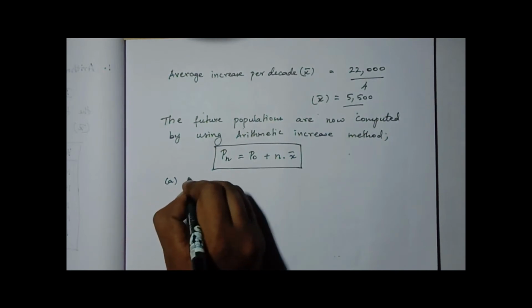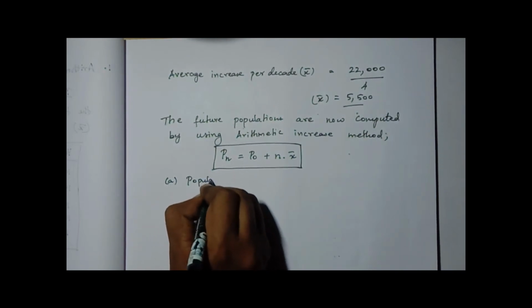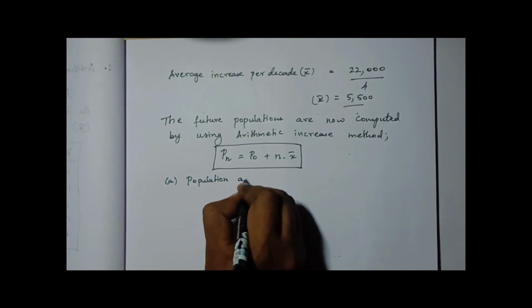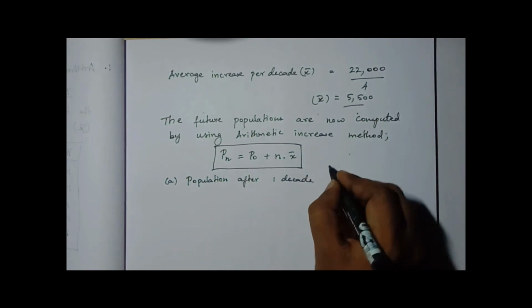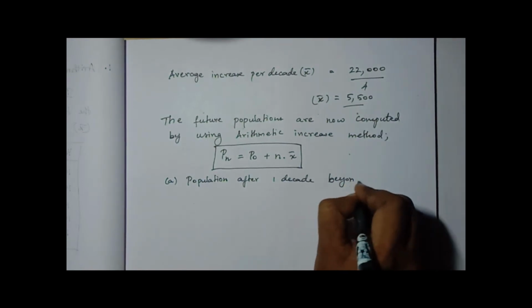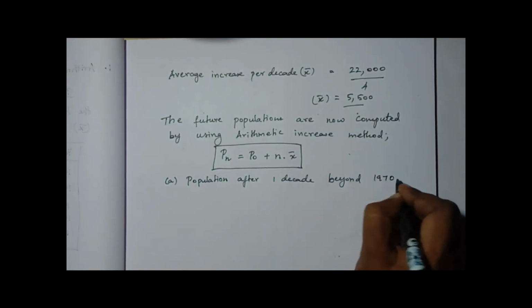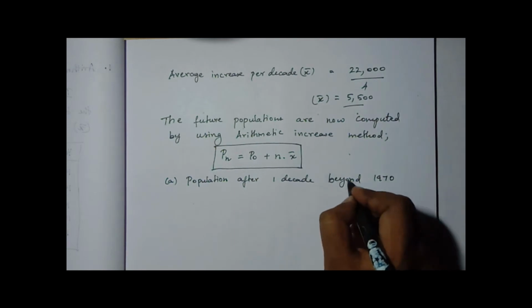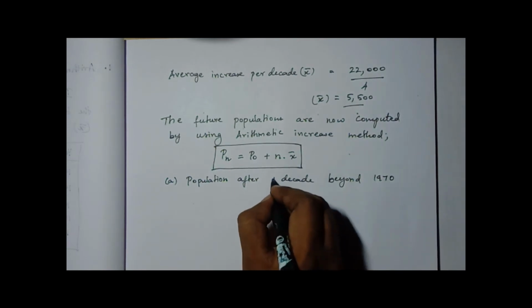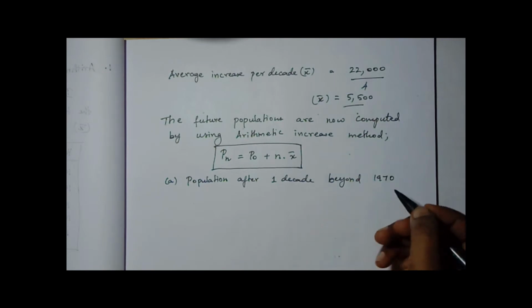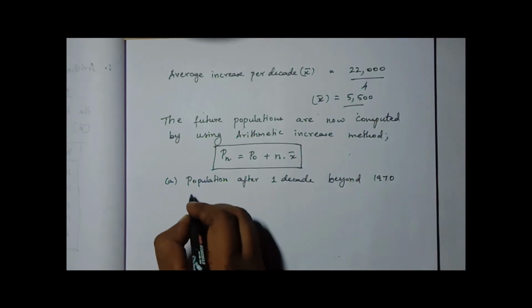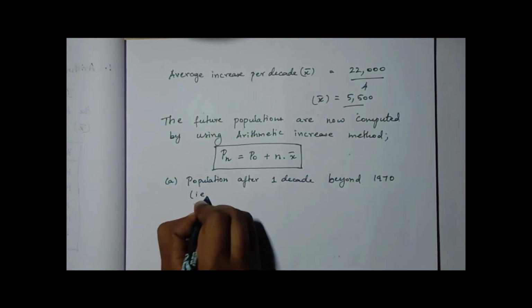The population after one decade beyond 1970. We have to remember that in the question they have given that we have to find one decade, two decade, three decade beyond the last decade, which is 1970. I have already told that the first one is 1980.